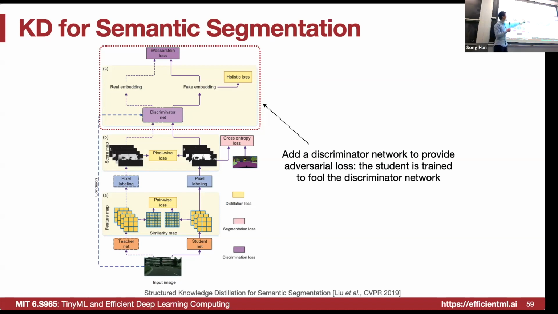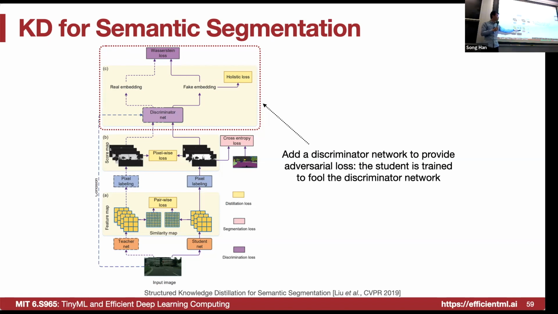So we have two masks, and we want to have this discriminator net. For real image, we have a real embedding. For the student model, we call it a fake embedding. We try to match the distance and also train a discriminator to distinguish whether this is real or fake, whether it's from the teacher or from the student.